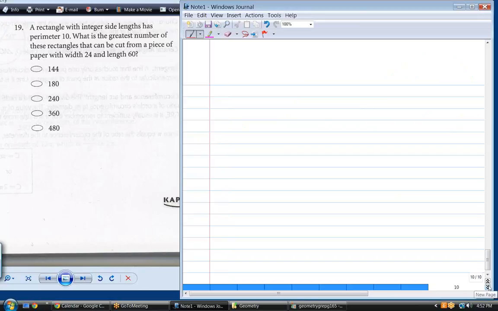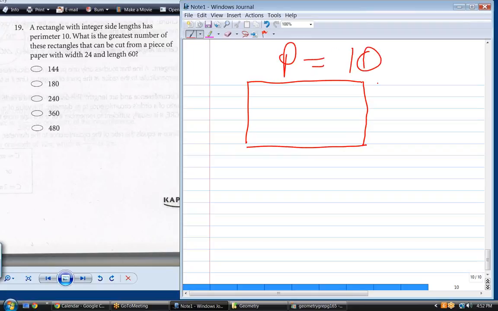All right. A rectangle with integer sides, meaning no fractions, no decimals, has a perimeter equal to 10.